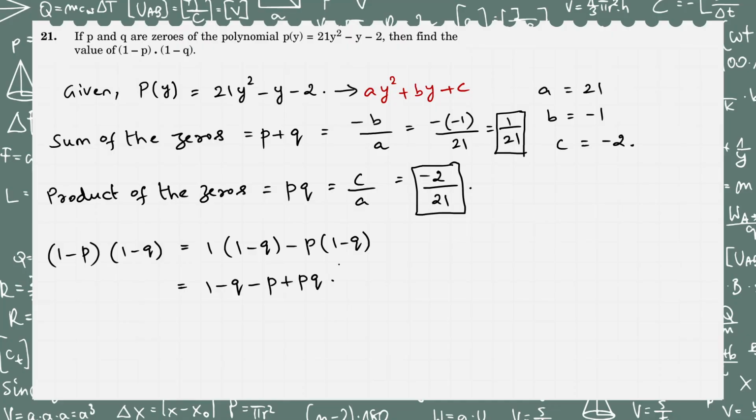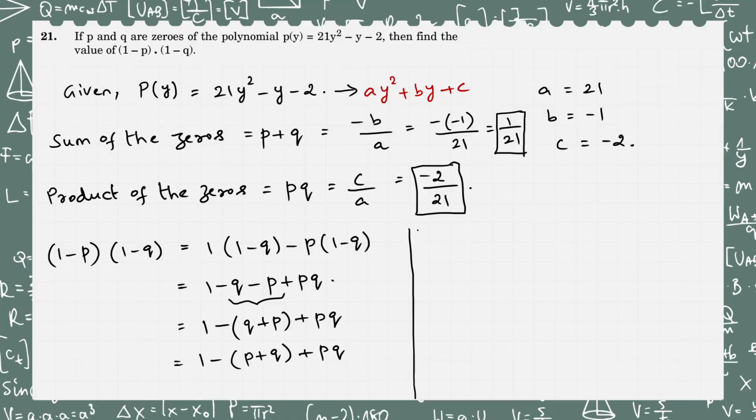Now what I am planning to do is, this 1 I am keeping as it is, and out of these two I am taking a minus outside, and this will become q plus p, and this pq I am keeping the same. And this q plus p I can rewrite as p plus q also, because addition of items is commutative, right? We can write however we need it.